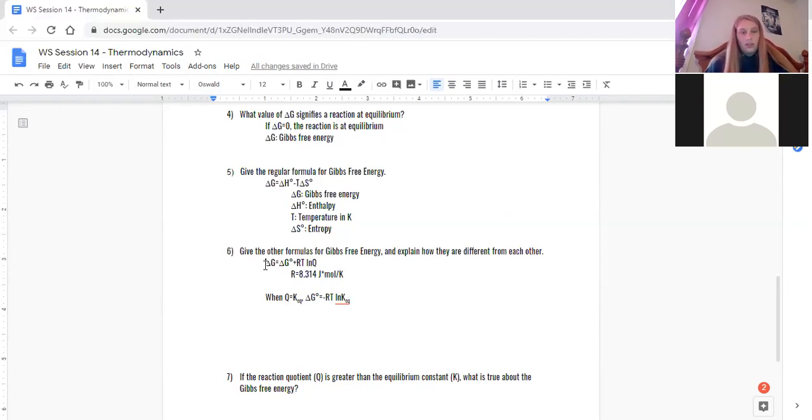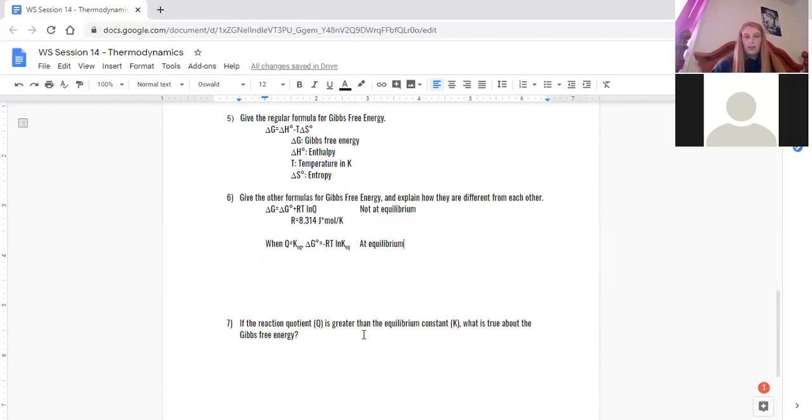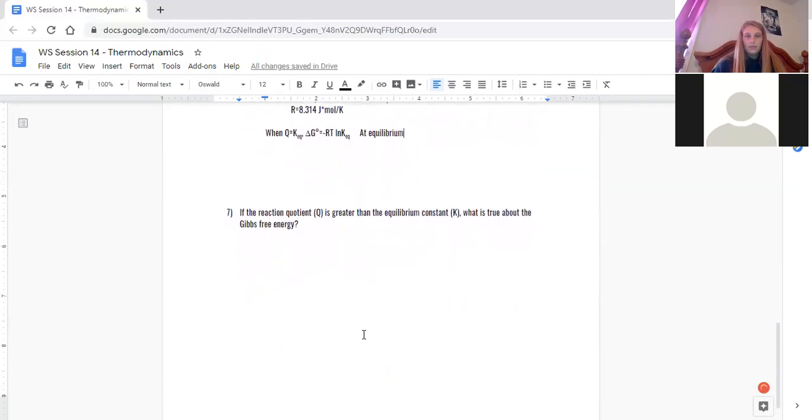So the difference between these two is that this one is not at equilibrium, and this one is at equilibrium.